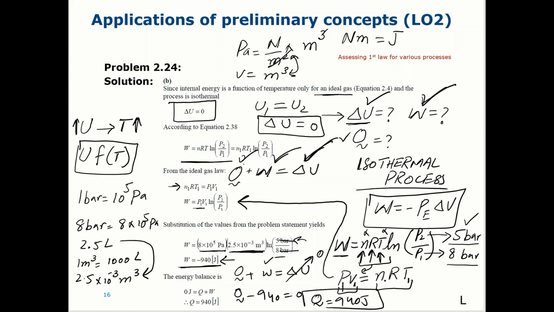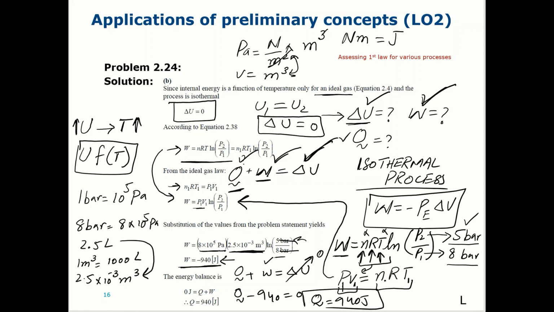Second case was work done. We have calculated minus 940 joule, right? Using this formula, which was converted into this using PV is equal to nRT. Then by just putting the numbers, we got minus 940 joule. And then out of 3 terms, we already got 2 terms.